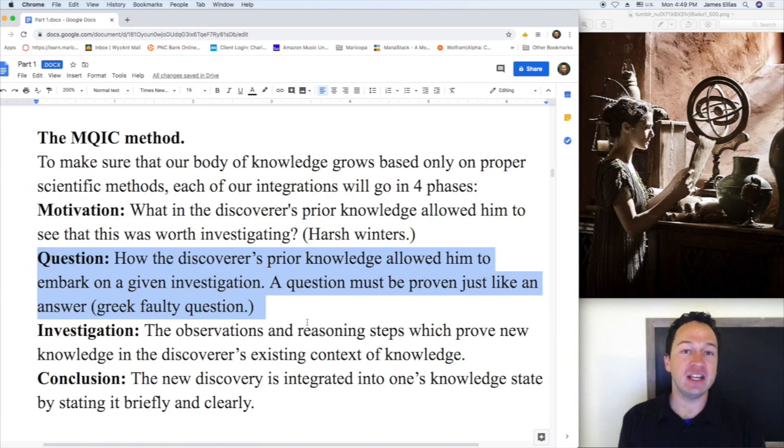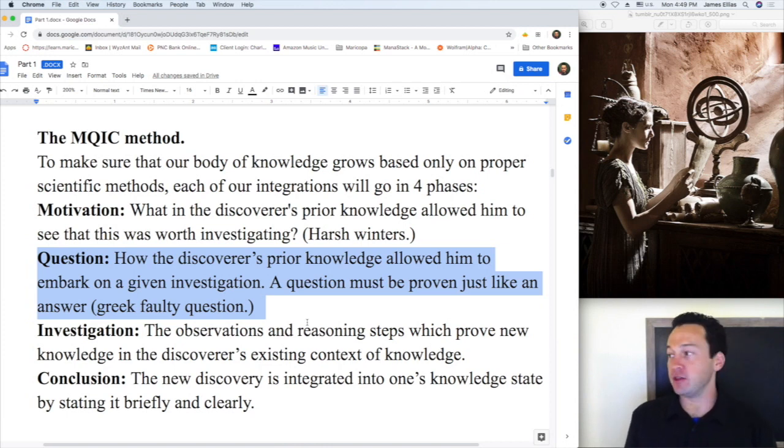Because they were reasoning from an invalid assumption, that there's something fundamentally different about the motion of the heavens and motion down here on Earth. They just assumed that was the case, and it turns out, they had no reason to think that. That was just an invalid assumption, basically.